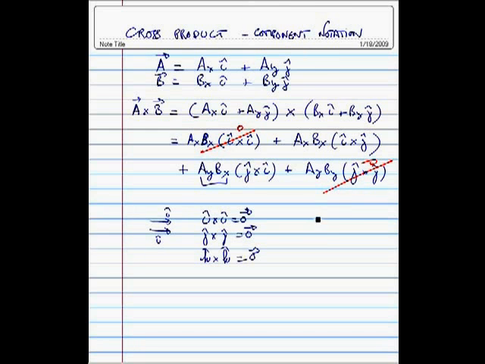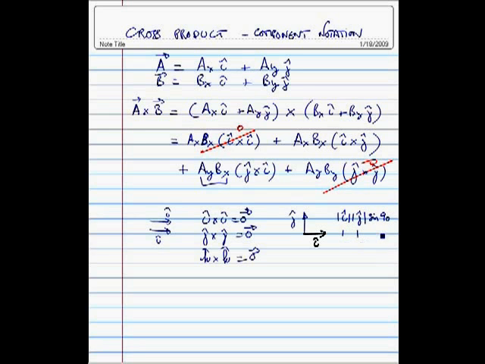So really we have to only take care of the cross terms. Again, we can deal with this easily. i is perpendicular to j, which is also perpendicular to k, etc. So therefore the cross product between i and j will always have magnitude of i times magnitude of j times the sine of 90.